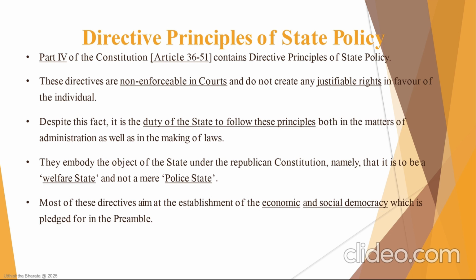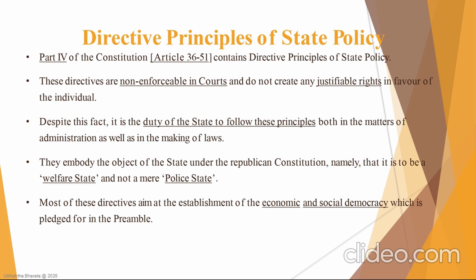Exceptions to superiority of fundamental rights over DPSPs. Article 31C, introduced in 1971, says that any law made to implement directives under Article 39B and C shall be immune from unconstitutionality on the ground of contravention of fundamental rights under Article 14 and 19.